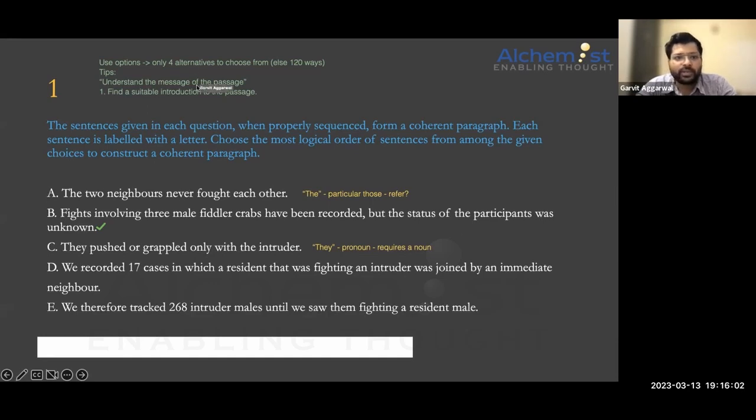So what are we kind of using here? Reference, like pronouns, determiners. They help in forming links between sentences.